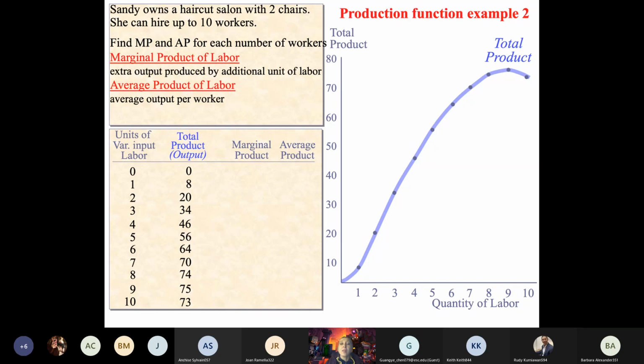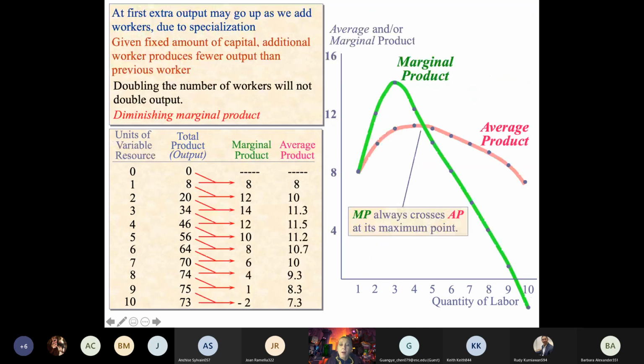So all it means is that at some point, that extra product of an extra worker should start going down. It will go up for a little bit and start to decrease, and may even go down, but that would be an extreme case. It would go negative when hiring the 10th worker would spoil the number of haircuts that you produce.